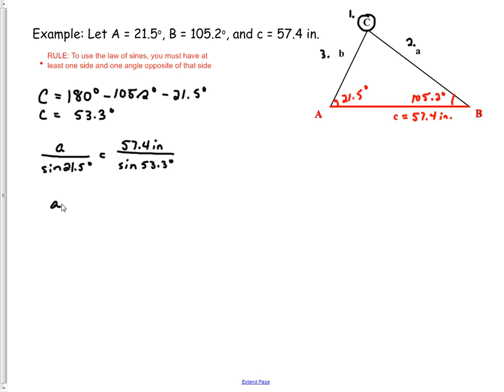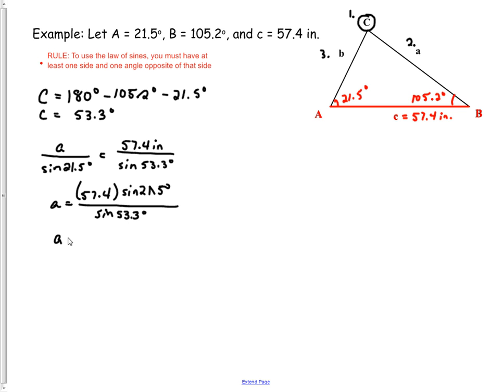So finding A is just as easy as taking 57.4, multiplying that by the sine of 21.5 degrees, and dividing that by the sine of 53.3 degrees.